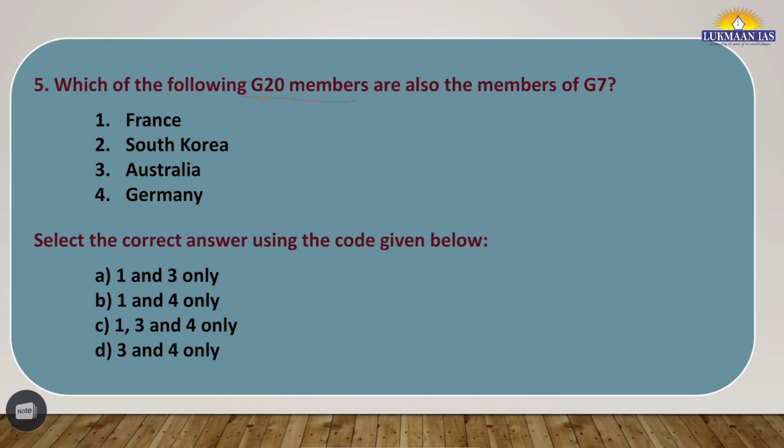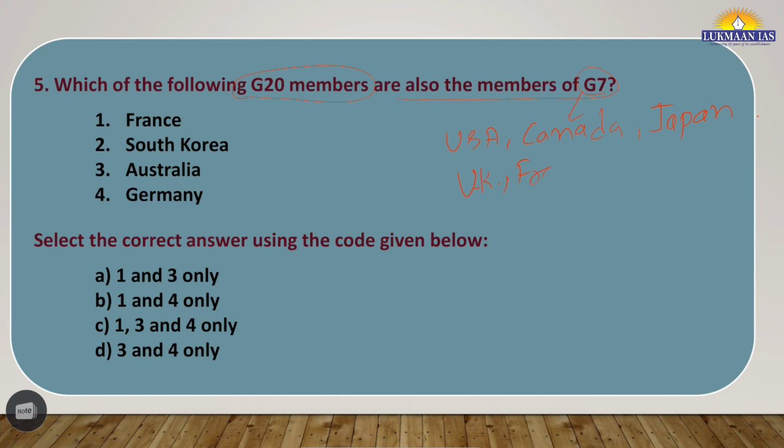Which of the following G20 members are also members of G7? Such kind of question we expect. Now we are aware that G7 countries कौन से है, right? So yes, USA, Canada and Japan, ये यूरोप के बाहर के हैं. यूरोप में कौन से है बाकी के?